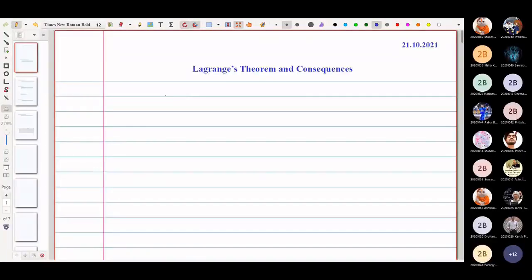Let us first see what Lagrange's theorem is by means of an example. Suppose we take Q8, a group of order 8. We can talk about the divisors of this number, the order of Q8.